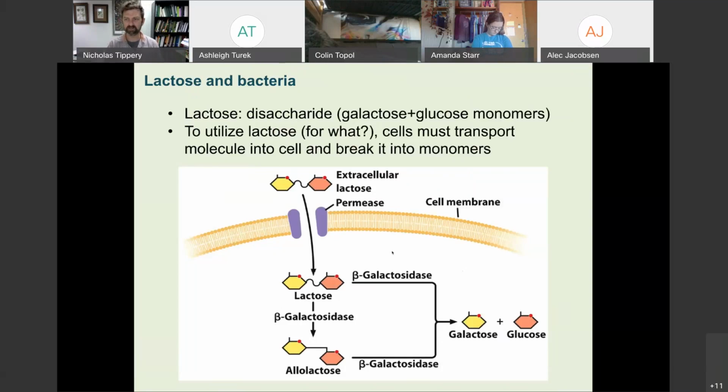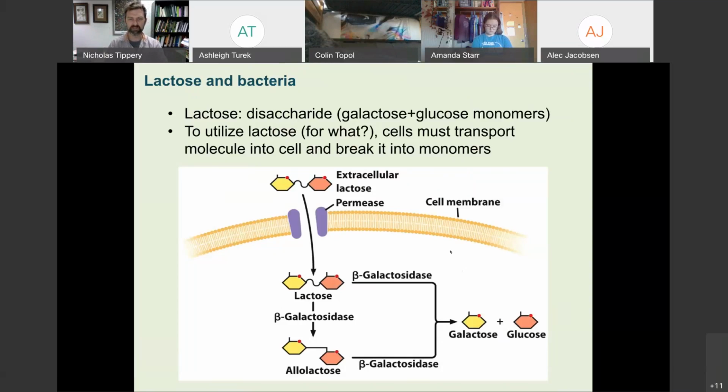So it's not a sugar that bacteria often run into. It's known as milk sugar. I don't know where else it's found. It's not unique to milk as far as I know. But when these bacteria encounter it, then they have to turn on the ability to digest lactose, because they don't usually have that on.